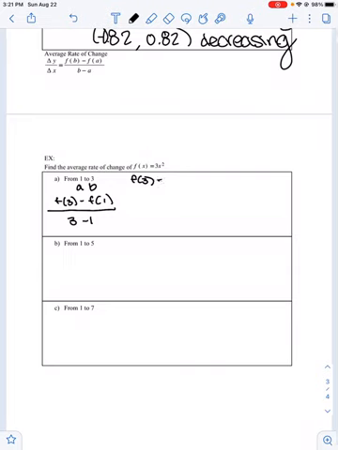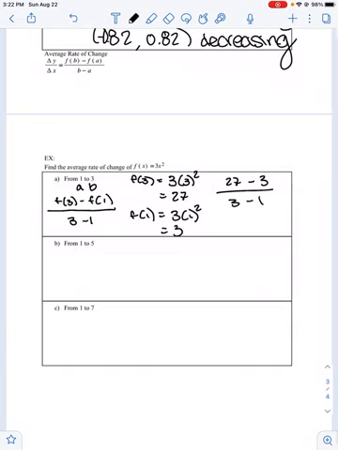You just plug in 3 into the x in our equation. 3 squared is 9, and 9 times 3 is 27. And then f of 1. 1 squared is 1, and 1 times 3 is 3. So I'm going to plug in those values. So 27 minus 3 over 3 minus 1. 27 minus 3 is 24, and 24 divided by 2 is 12.